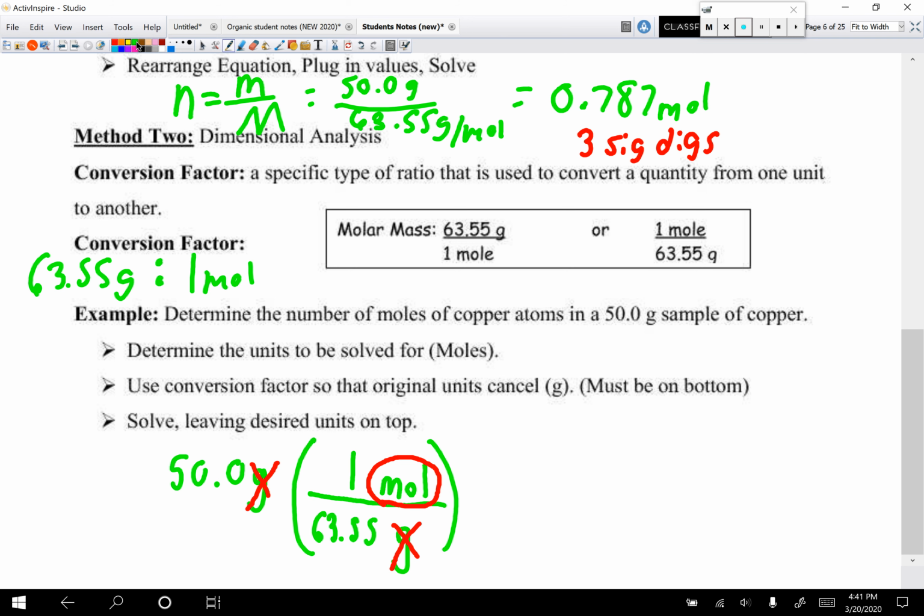So this is equal to, and we get our exact same answer, 0.787, and our unit of moles, which remains untouched, gets brought over to the end. Mole. Sorry, I'm going to put that in green.